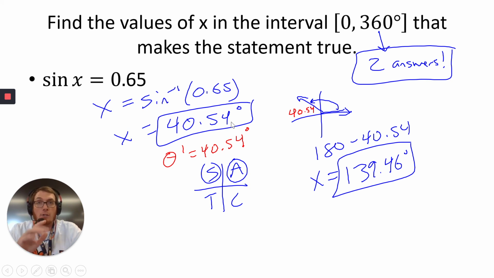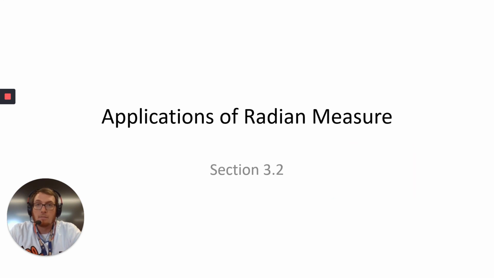Now that's one of the answers because it's in quadrant 1. The other spot where sine is positive is quadrant 2. And with this reference angle of 40.54, I do 180 minus 40.54, and I get 139.46. Remember, if you have to change to degrees, minutes, seconds, you need to do that on your calculator. And anytime you find an angle using your calculator, it should be sine to the negative 1 or sine inverse in order to find that answer.